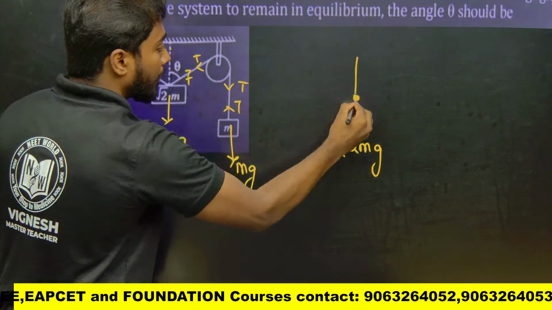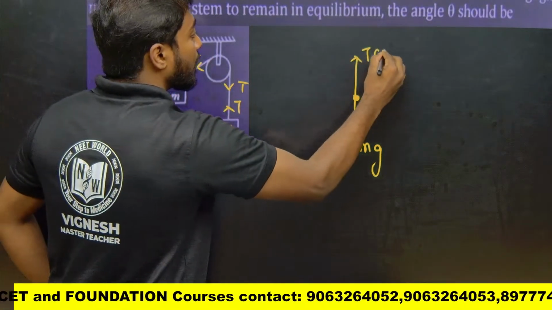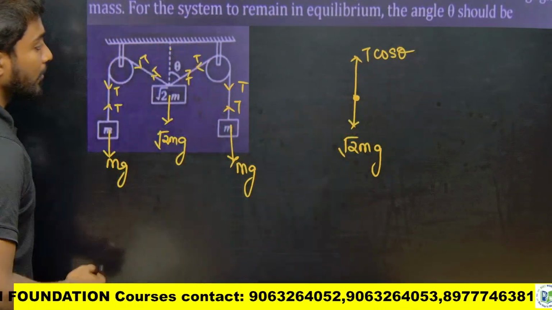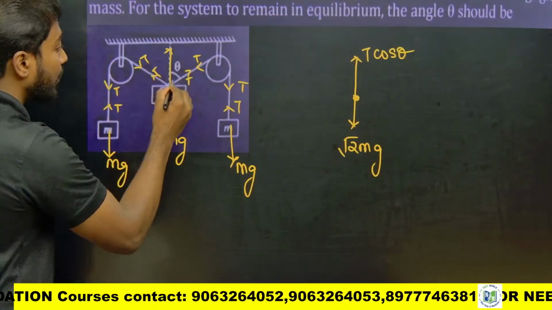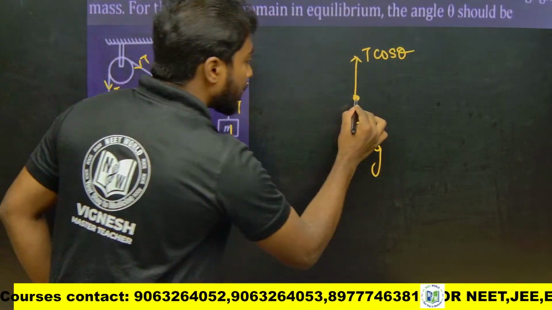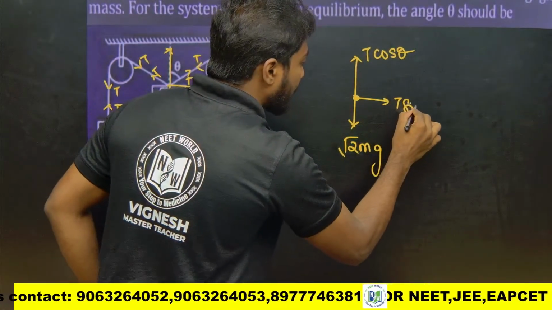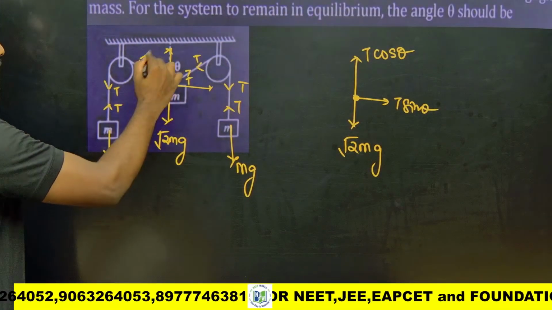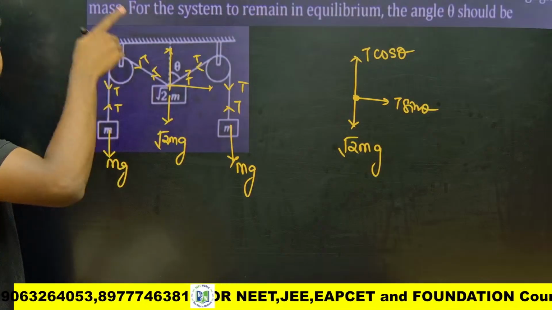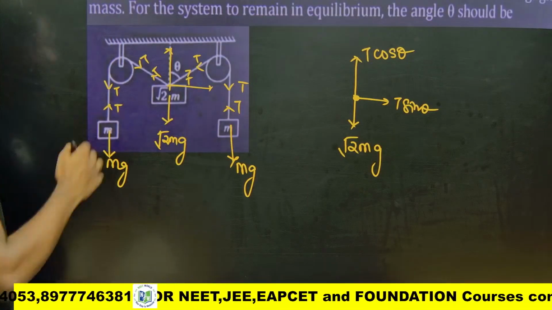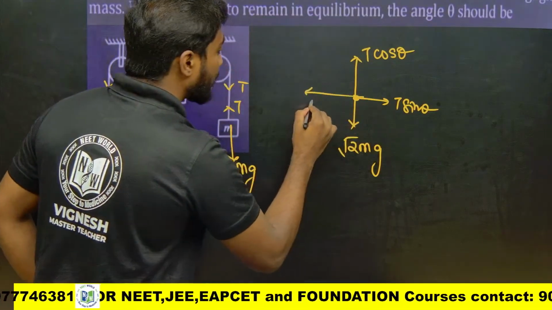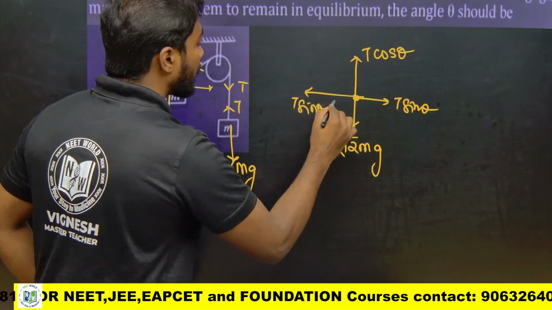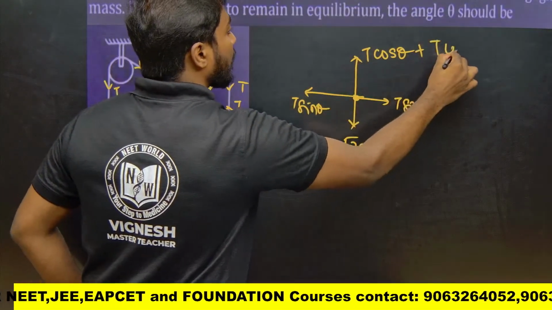Now this one will be my T cos theta, then this one T cos theta, this one will be T sin theta. What about this one? For this one, again T cos theta in the vertical direction, T sin theta in the horizontal direction.